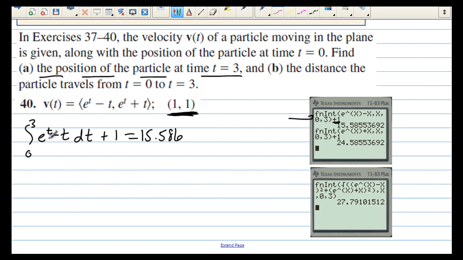15.586. Now, I'm sure you know how to do the integral part. I'm not worried about that because that was pretty much first semester. Now what you need to focus on is that to find the position, you have to add the position at t equals 0. Well, that's the x-coordinate. For the y-coordinate, we have 0, integral from 0 to 3 of e^t plus t.